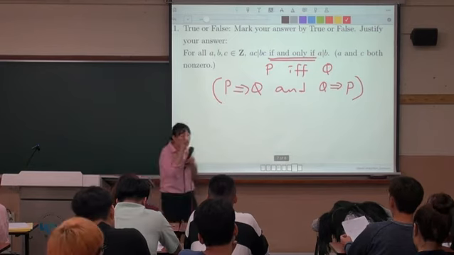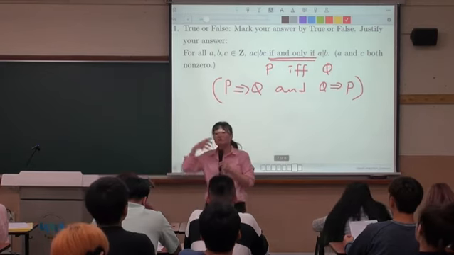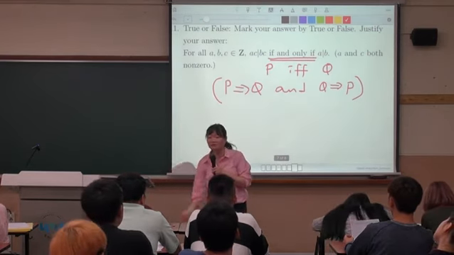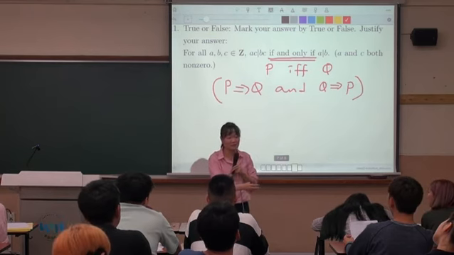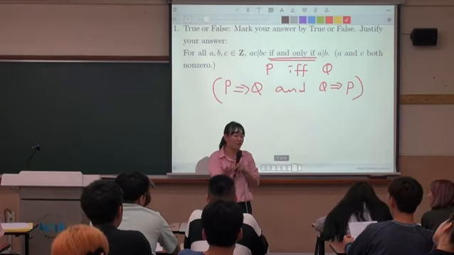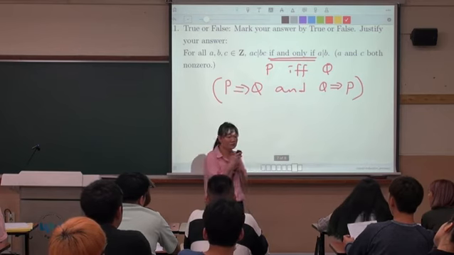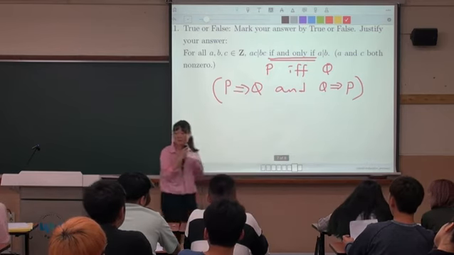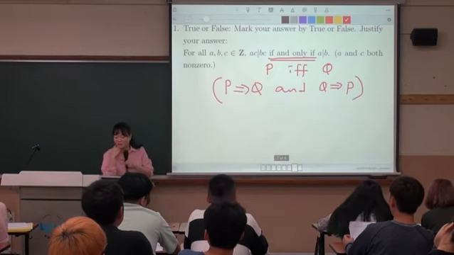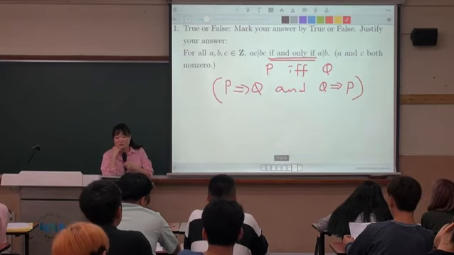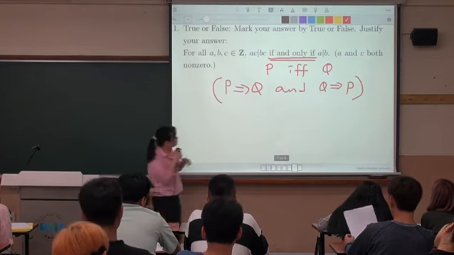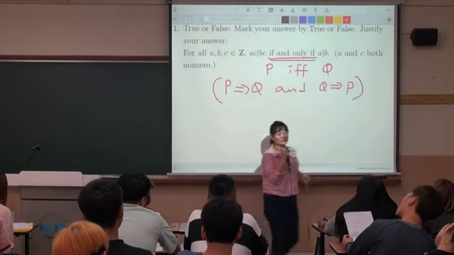If it is true, then you have to prove it. If it is false, if you find a counterexample, 반례를 찾으면 false가 되는 거고. Yeah. What do you think? 이거 맞는 것 같아요? 틀린 것 같아요?